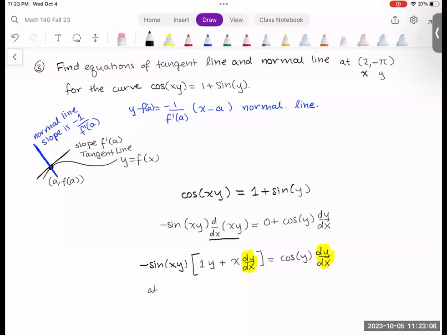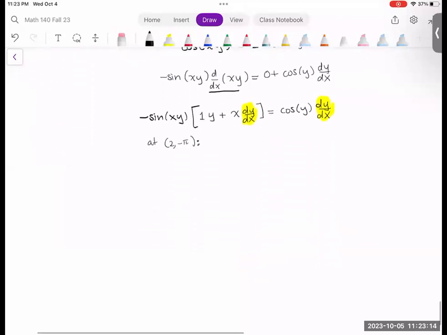At (2, -π), this looks like negative sine of negative 2π, times negative π plus 2 dy dx, equals cosine of negative π times dy dx.